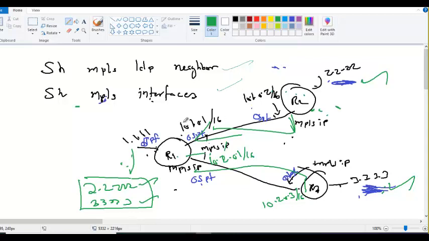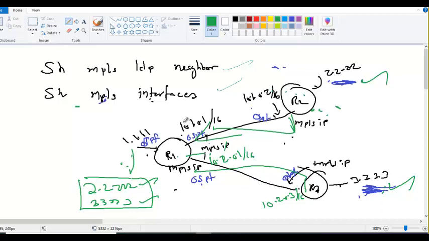Try learning what they can show, so that when I give you a troubleshooting scenario, you will be able to fix it.